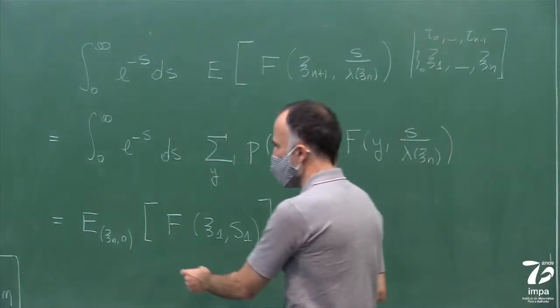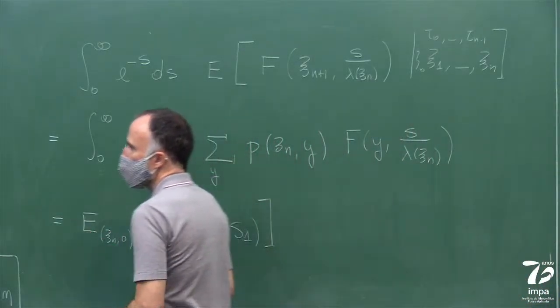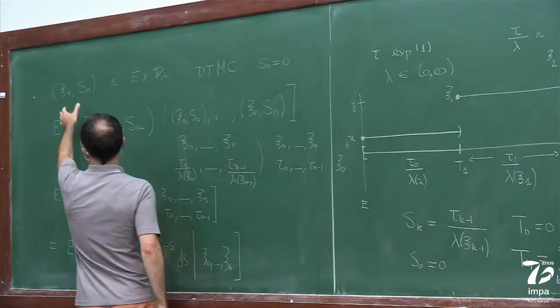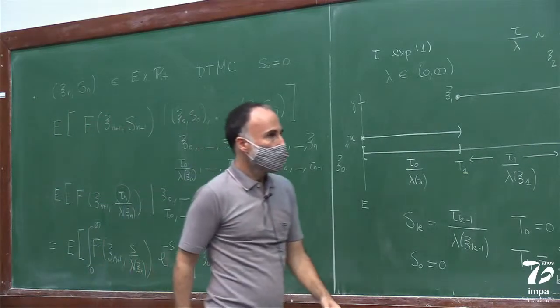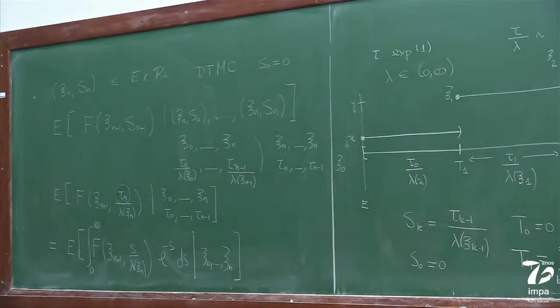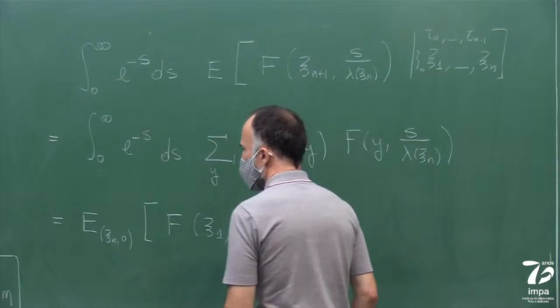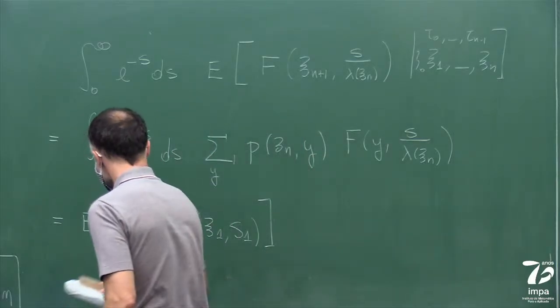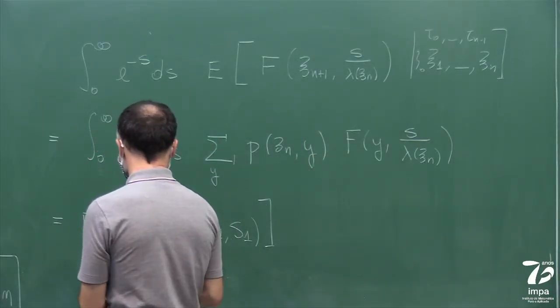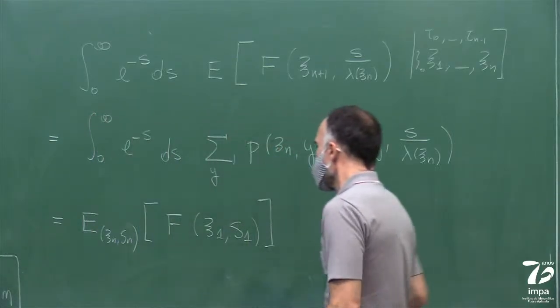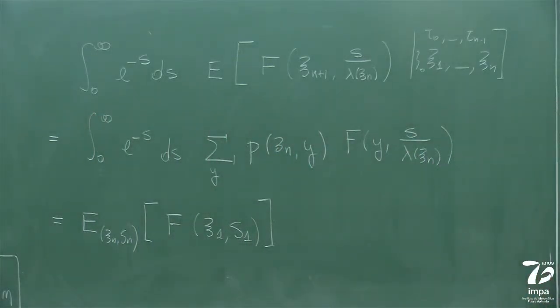So here, I'm considering this process, so I'm saying, well, you're starting from psi n 0, or psi n, or, okay, you can put it here if you wish, Sn, because it doesn't depend on the value of this object.